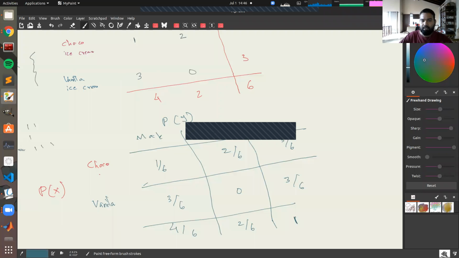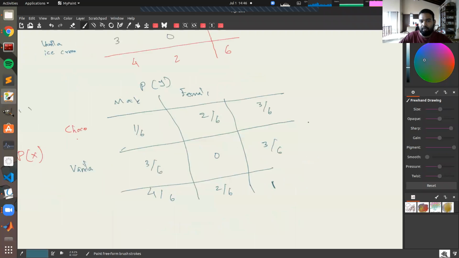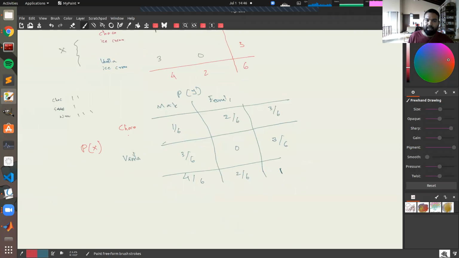So this will be what we call a joint probability distribution. Let's take this event. What is this event telling me? This is the probability that I'm getting someone who likes chocolate and is female.